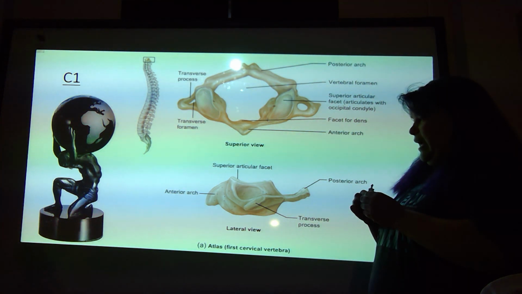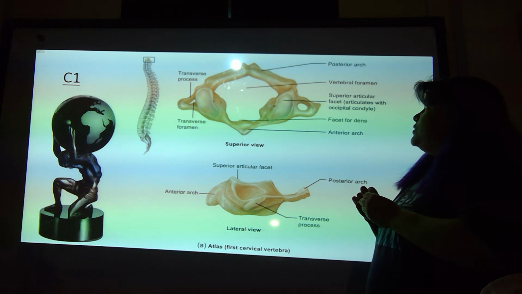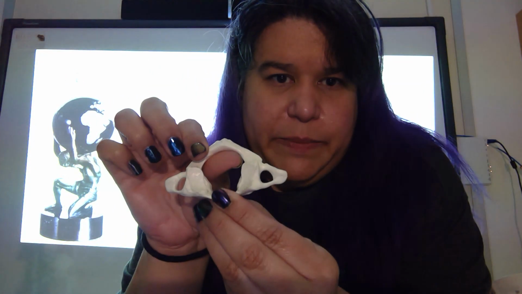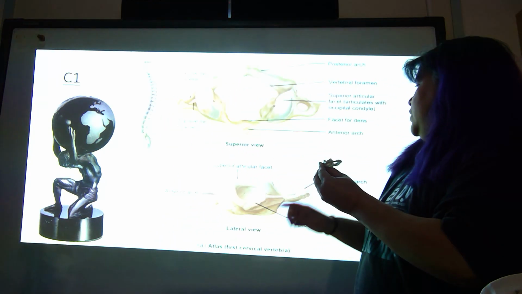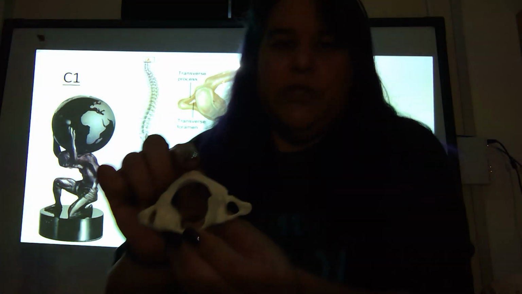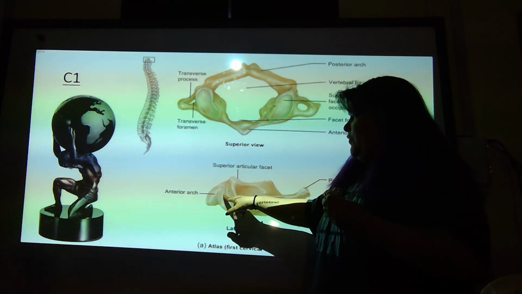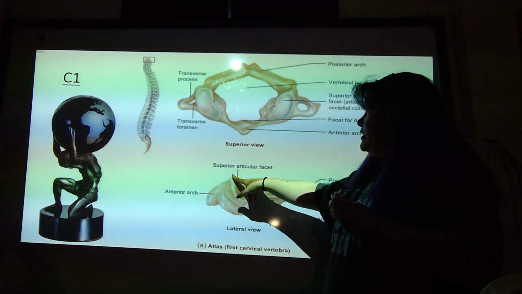Looking at it from the side. So again, here's the big arch. So that's posterior. So big arch, I'm turning it this way. So here's the posterior arch. Here's the anterior arch. Here's that superior articular facet.